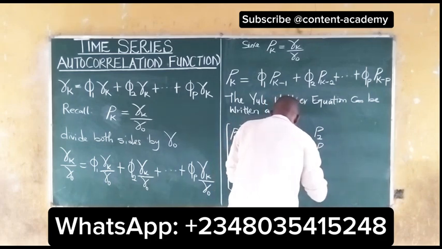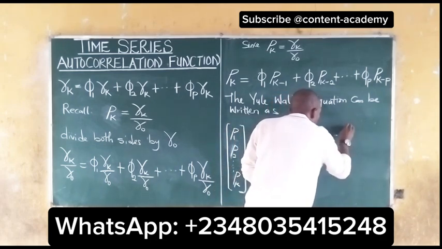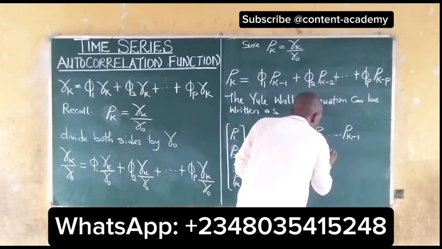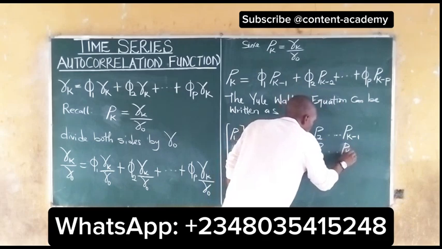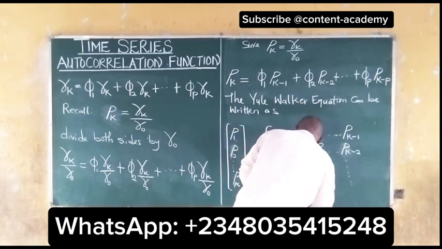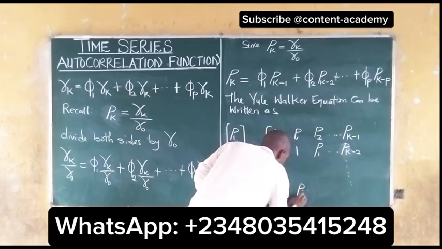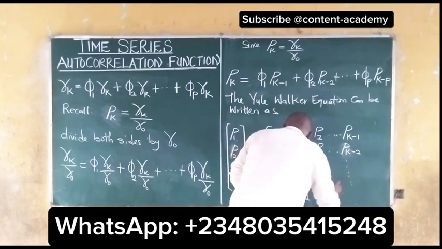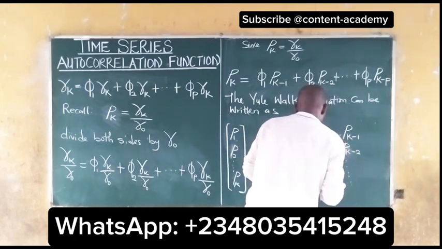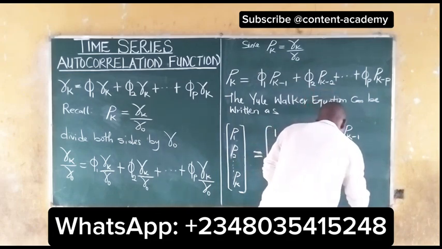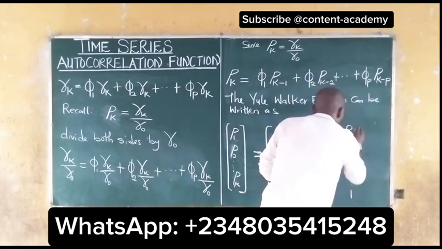Also, we have this, and it continues to give us rho_{k-1}, rho_{k-2}, and it continues, rho_{k-2}, rho_{k-3}, and 1.